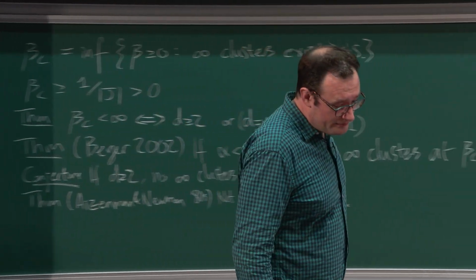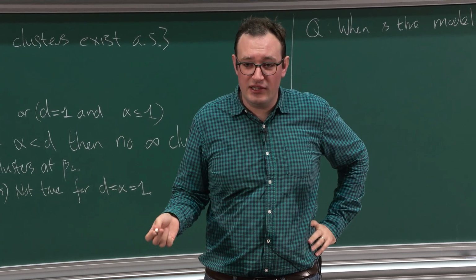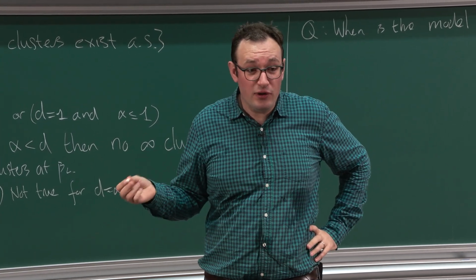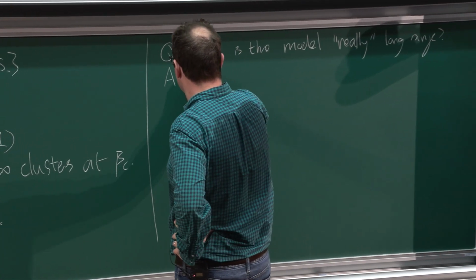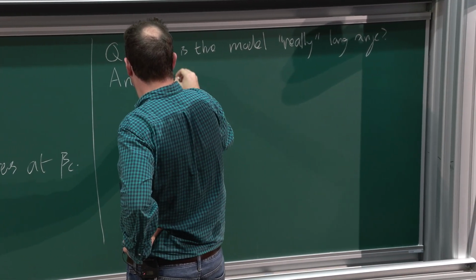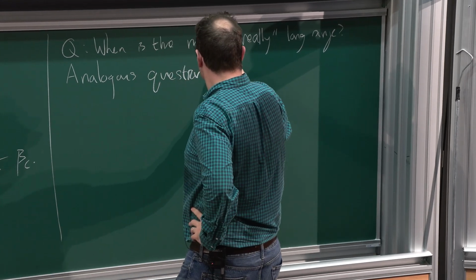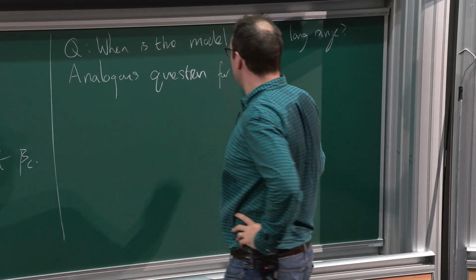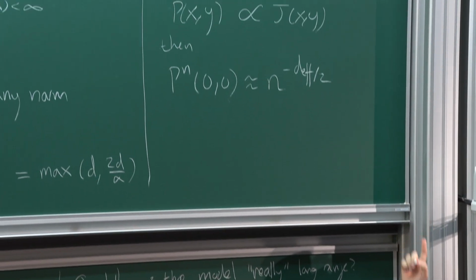So to get some feeling for this question, it's good to think about the analogous question for random walk, which is very classical. So again, we'll consider the random walk with this kernel.